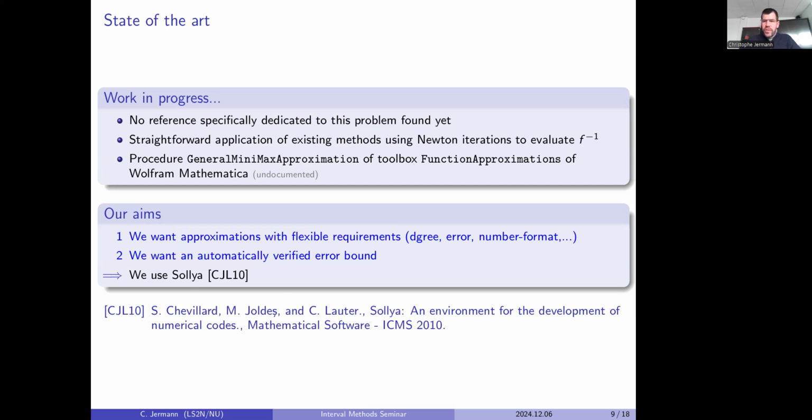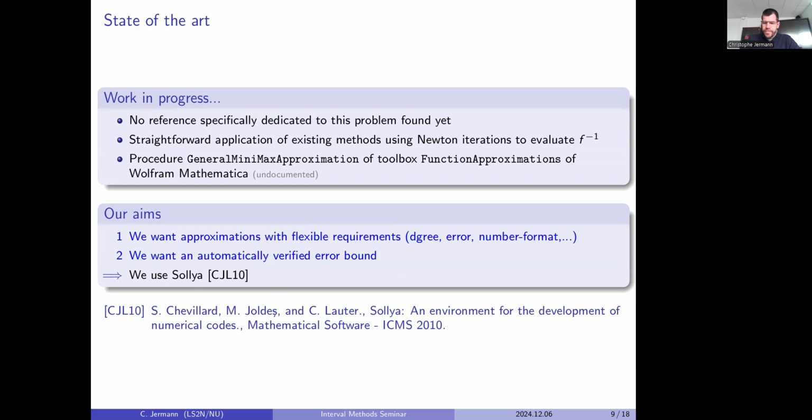So in fact, there is a software that can perform such things, and it is Sollya, which was developed by Chevillard, Joldes, and Lauter in 2010. And it is an environment which is larger than our purpose, because you can derive many things, and it is dedicated to the development of many different numerical codes, and it uses computations with arbitrary precision.